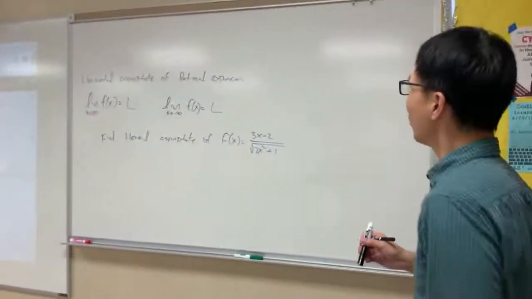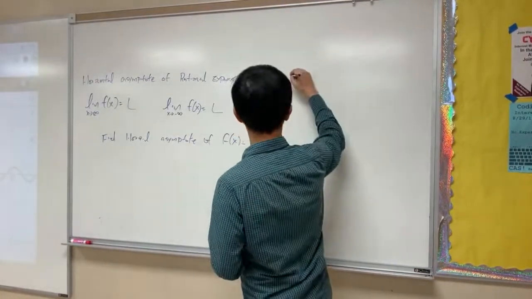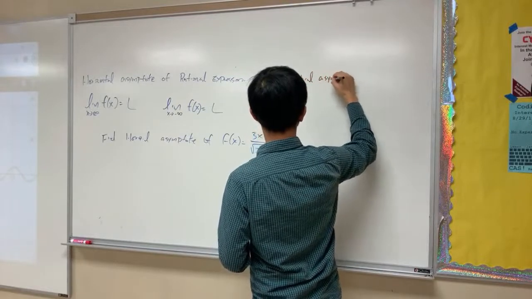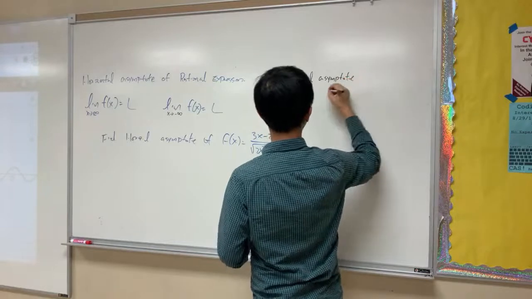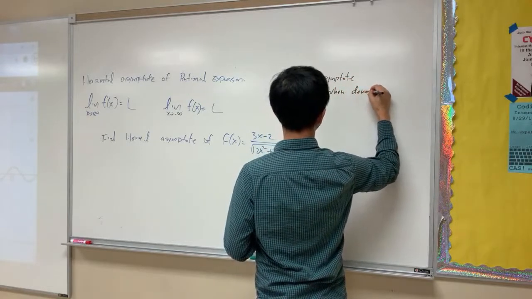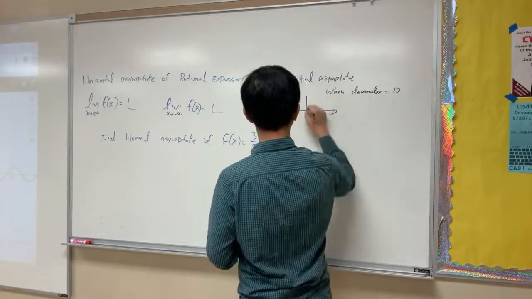Okay. So basically, let's review a little bit of vertical asymptote. Vertical asymptote occurs when the denominator equals 0. And the graph probably looks like this.